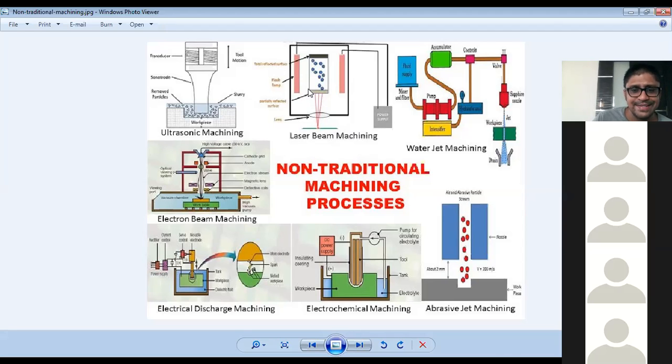So you can have a dedicated laser source, and the type of laser source you use depends on the type of material you want to cut. Let us say this is your workpiece.